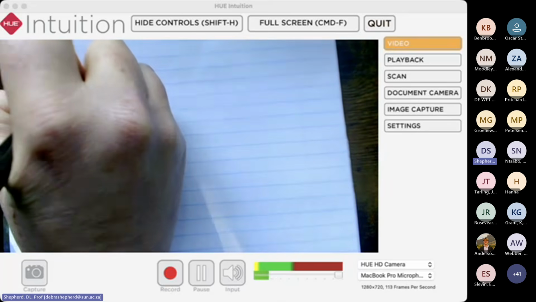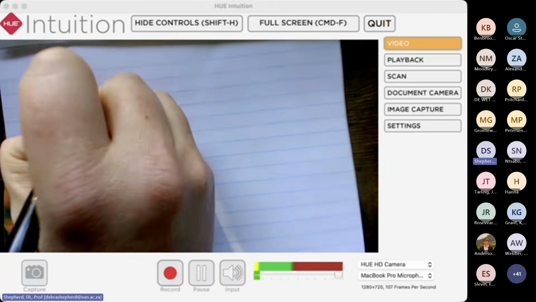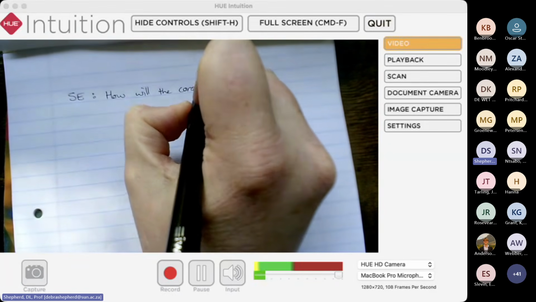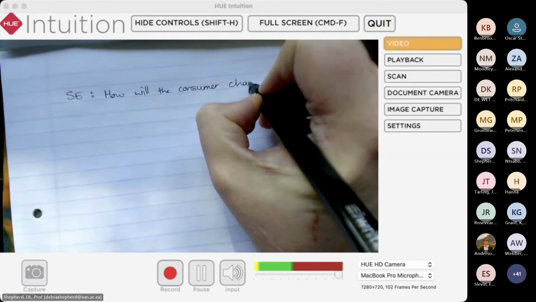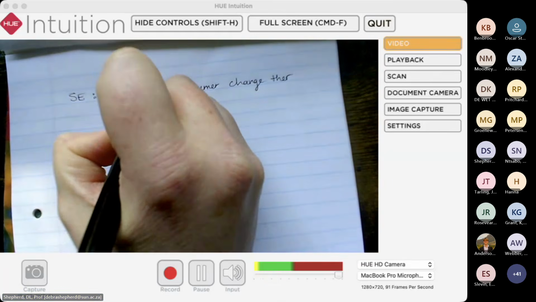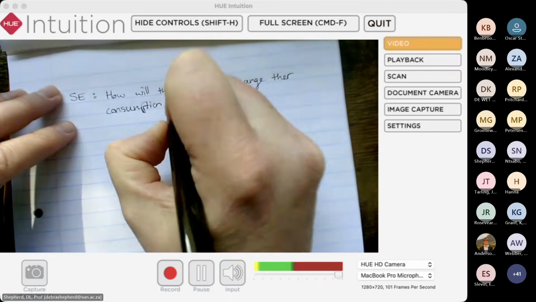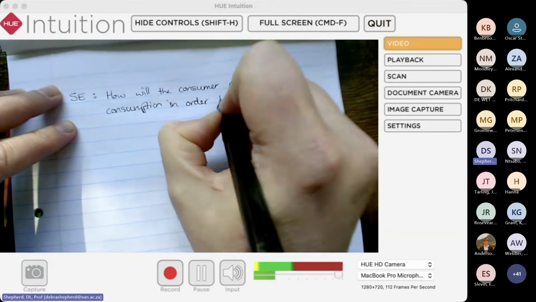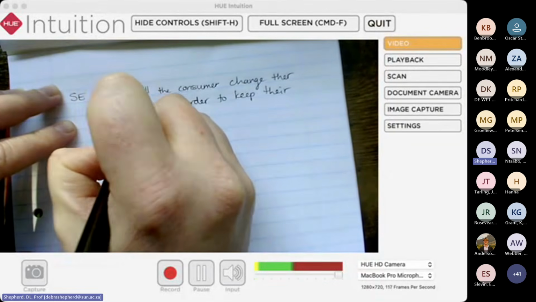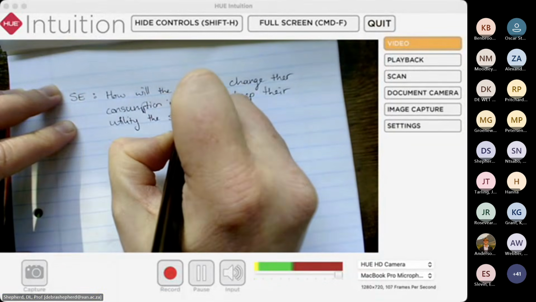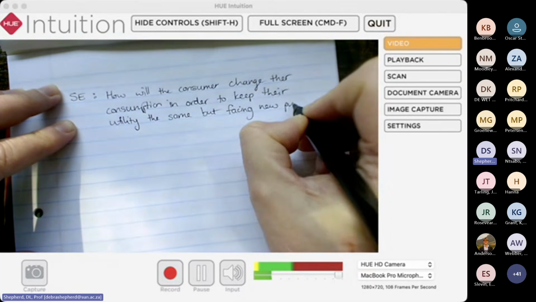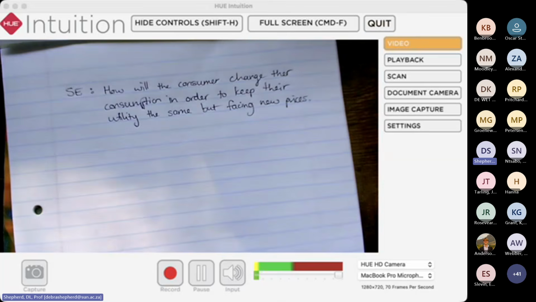The substitution effect tells us how the consumer will change their consumption in order to keep their utility the same, but facing new prices. Okay, so this is a very, very loose way of describing what it is.